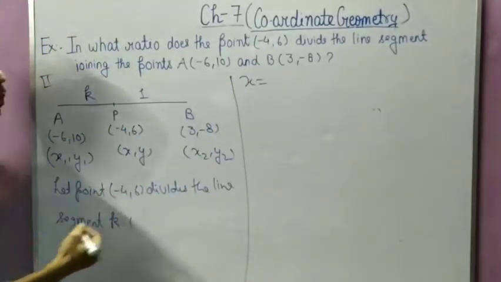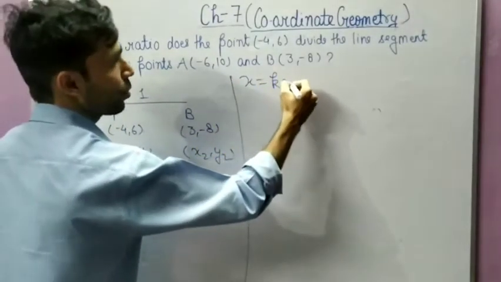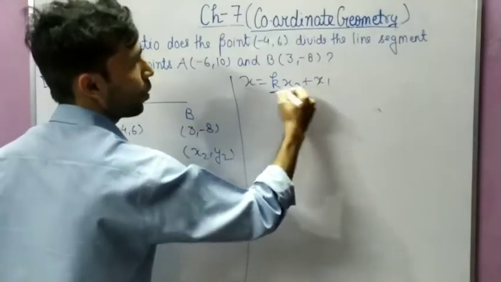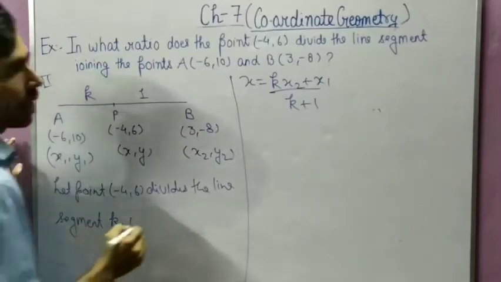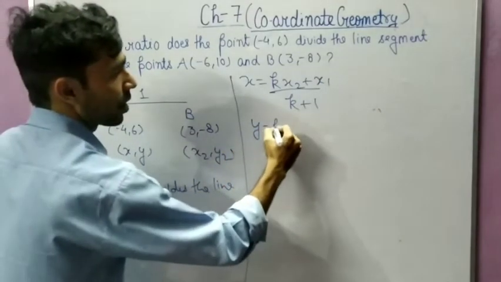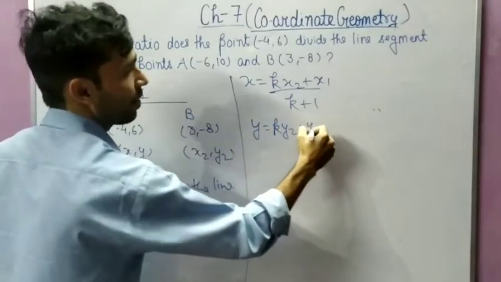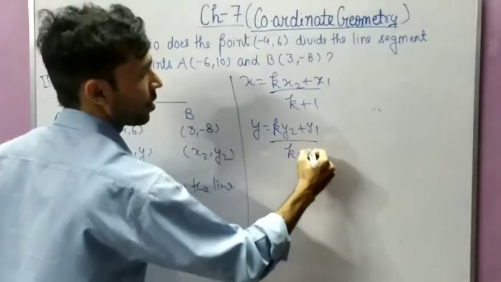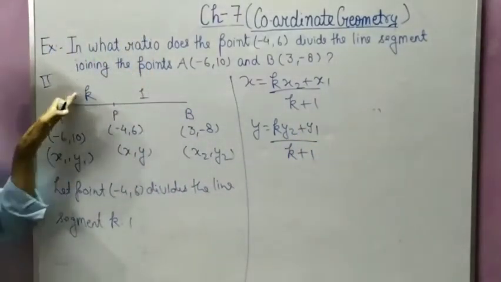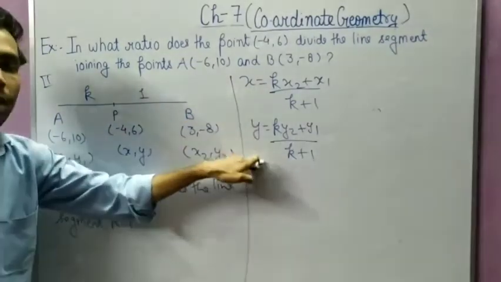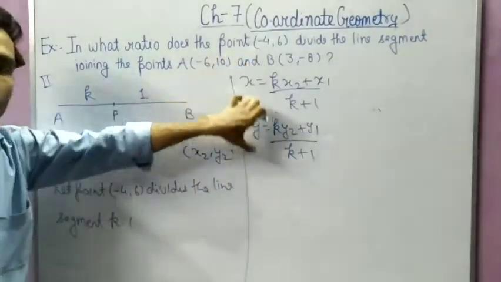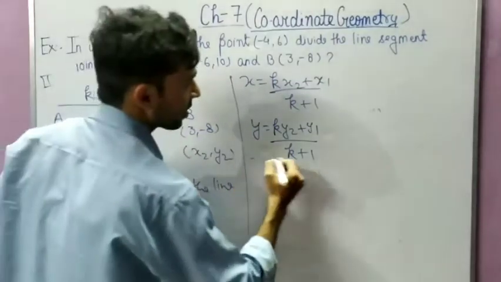In terms of k, the formula of x was (k x2 plus x1) upon (k plus 1), and y was (k y2 plus y1) upon (k plus 1). So again we have to find the ratio k ratio 1. Because x and y both are given, either you take x or you take y. So I am taking x.